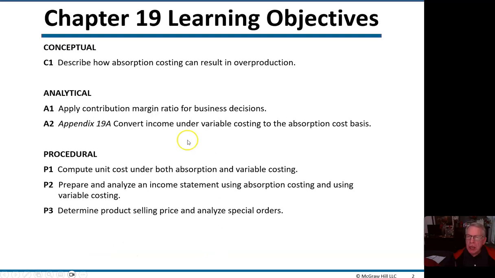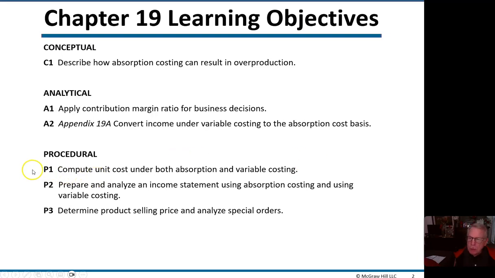Okay, as we look at the learning objectives here, we're going to describe how absorption costing can result in overproduction, a very key and important concept. And then we're going to apply the contribution margin ratio for business decisions. And then we're going to look at converting income under variable costing back to absorption costing basis.